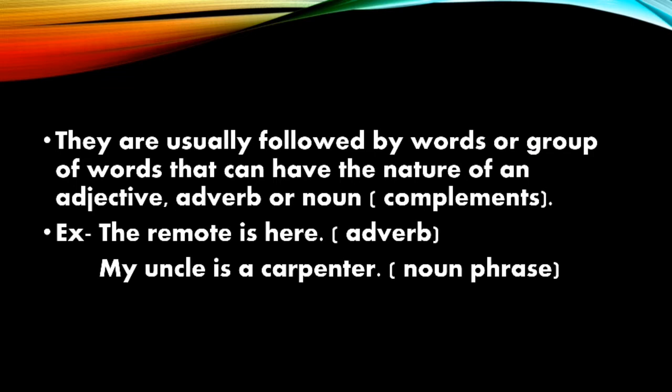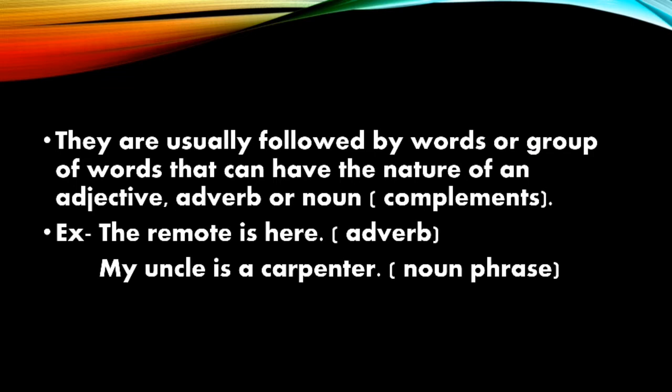And here is an adverb. Why? Because it is telling us where the remote is. So it is acting as an adverb. So the linking verb is is followed by an adverb.